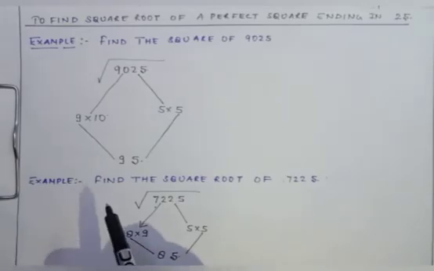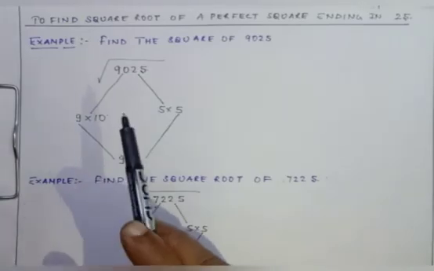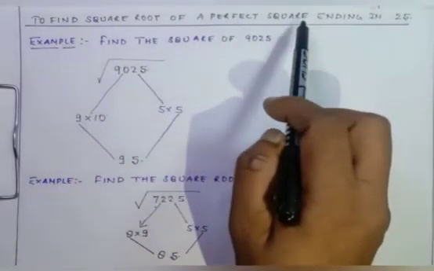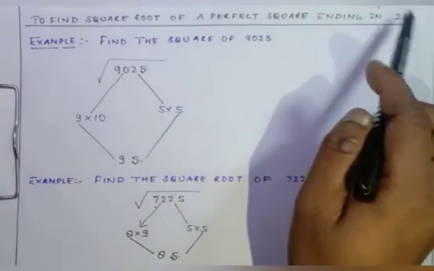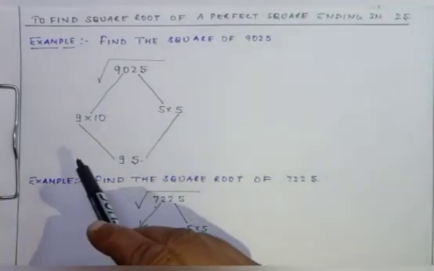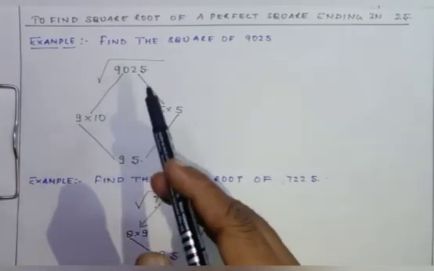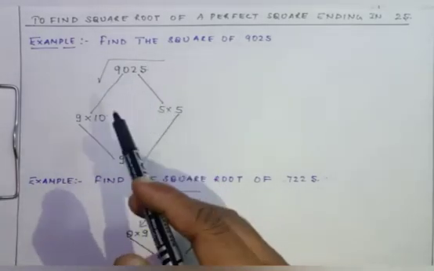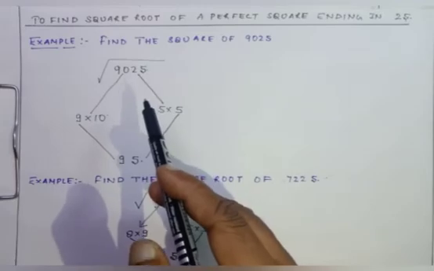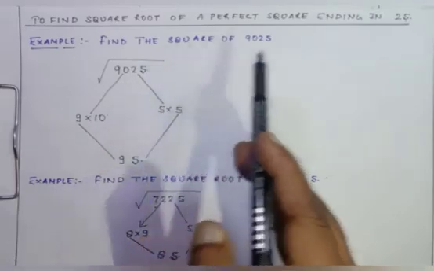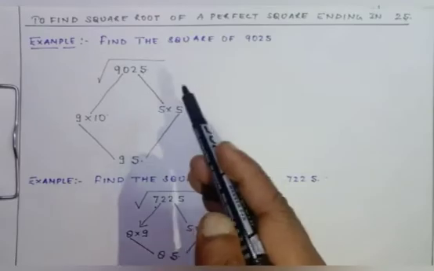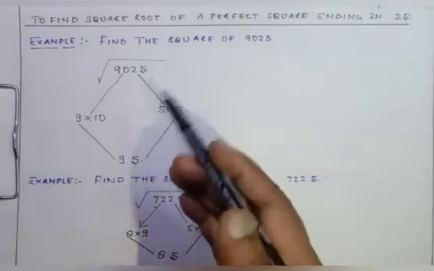Now the next topic is to find the square root of a perfect square ending in 25. If you have to find the square root of any number directly without any calculation whose last two digits are 25, you can easily find it.